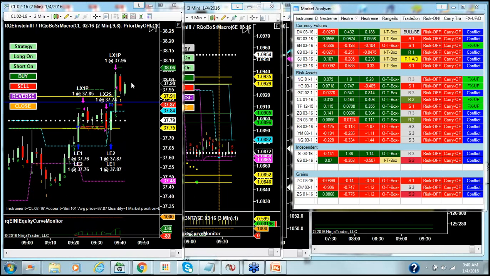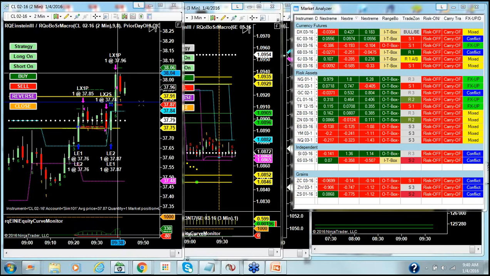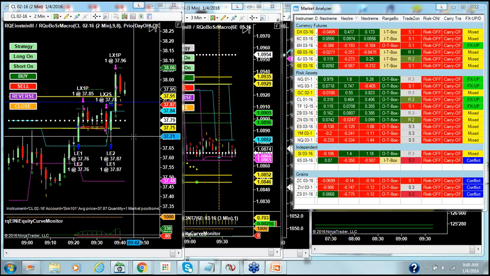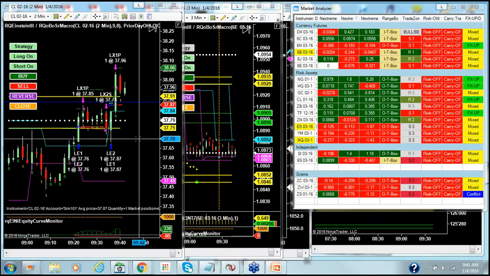It's trying to run right back up. Let's see if it can take out the session high there and hit our profit target. I also run this with one contract on another computer, and it already got out with a little trailing stop.